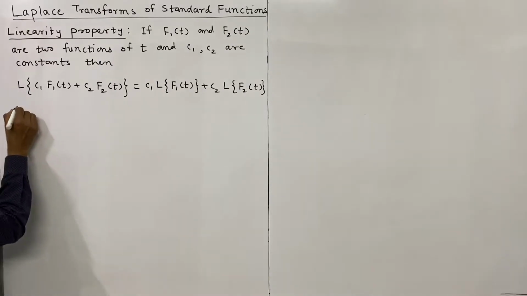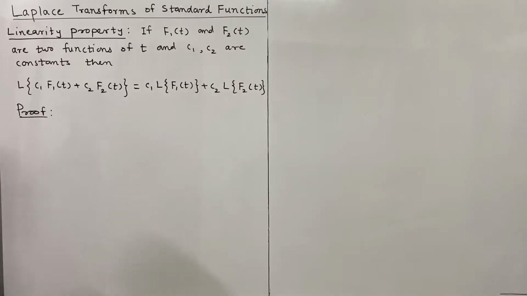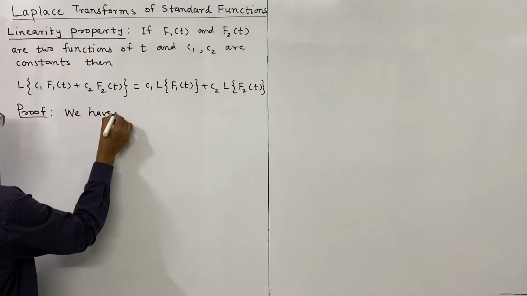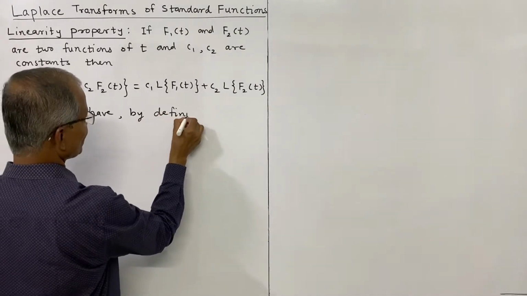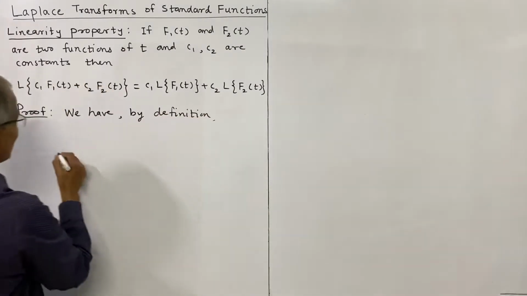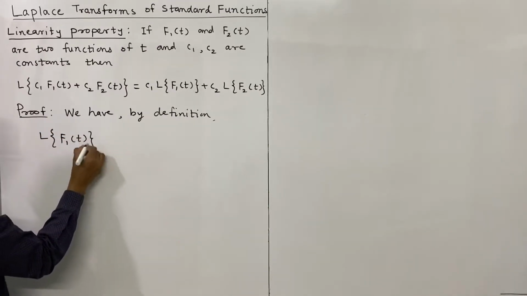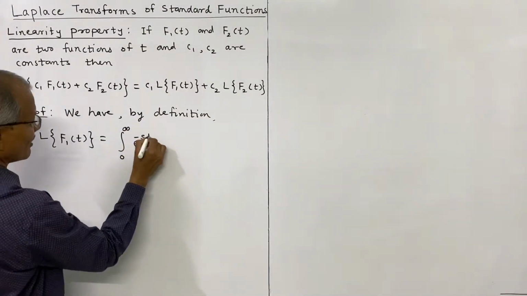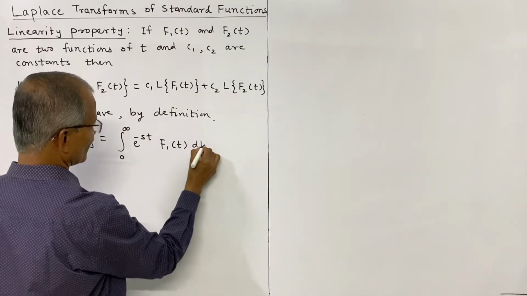It is easy to prove. We shall have to use only the definition of Laplace transform. By definition, the Laplace transform of f1(t) is defined as integral 0 to infinity e to the power minus st into f1(t) dt.